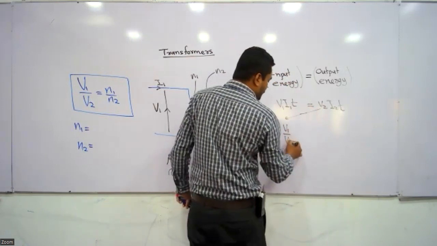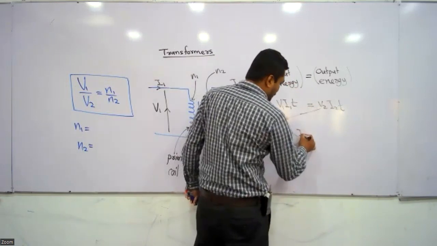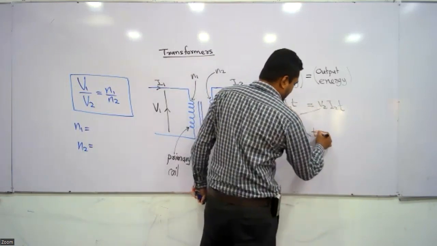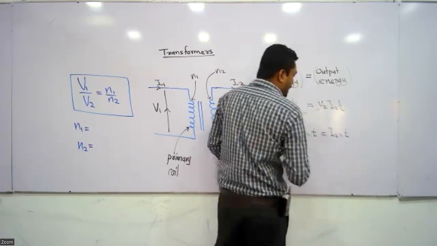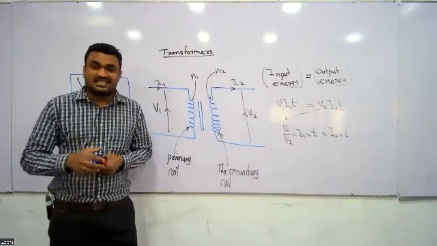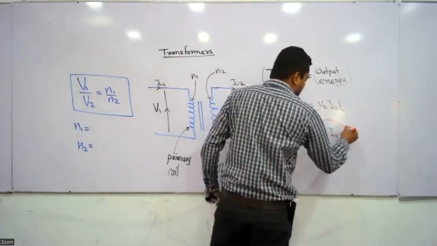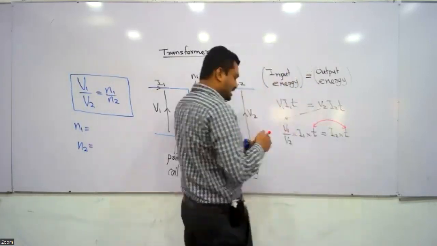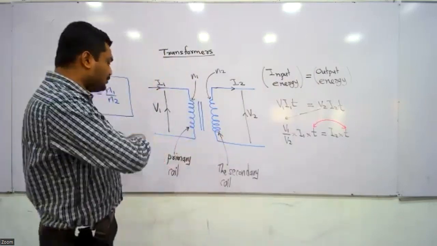V1 over V2. I have taken V2 to this side. Into I1 into T. Here I2 into T. And now what will happen to these terms T and T here? The T terms are cancelled out. What is V1 over V2?